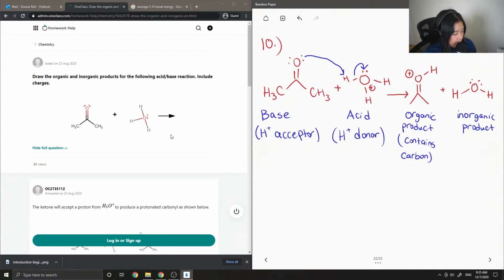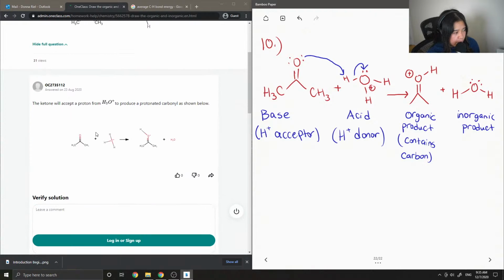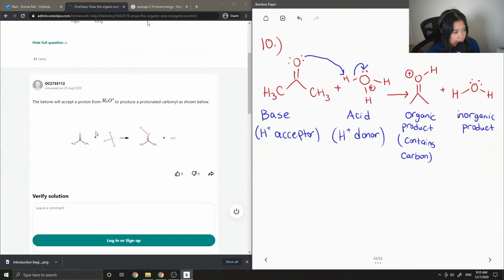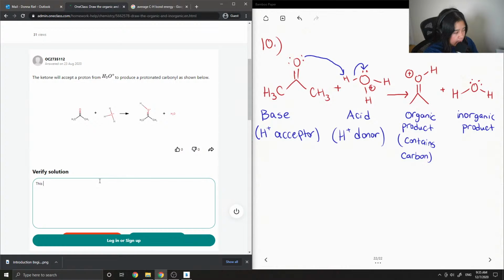Okay, so let's see what the junior tutor said. The ketone will accept a proton from H3O+ to produce a protonated carbonyl as shown below. Yep, so this solution is correct.